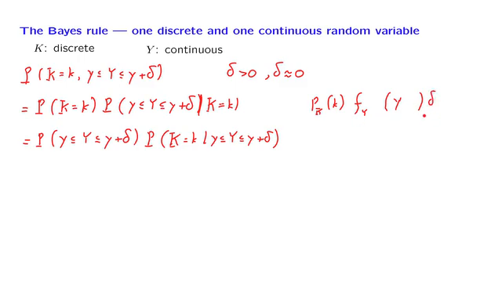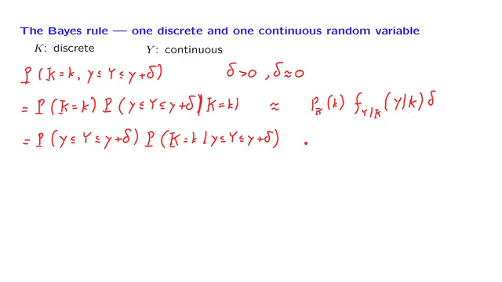However, because here we're talking about the probability of being in a small interval conditioned on a certain event, we should be using a conditional PDF. It's the conditional PDF conditioned on the random variable capital K and conditioned on the specific event that this discrete random variable takes on a certain value little k.